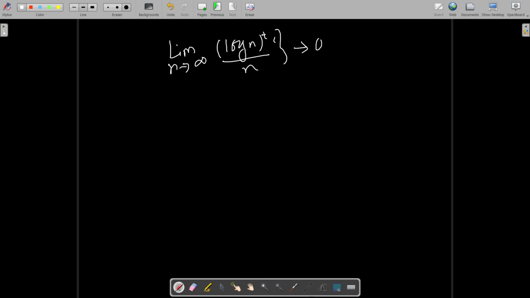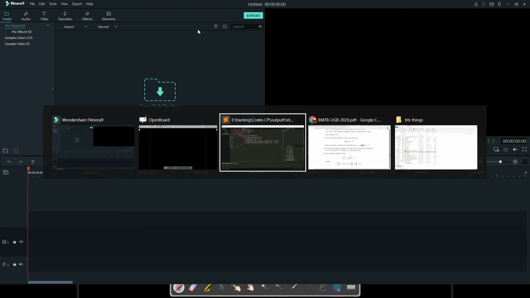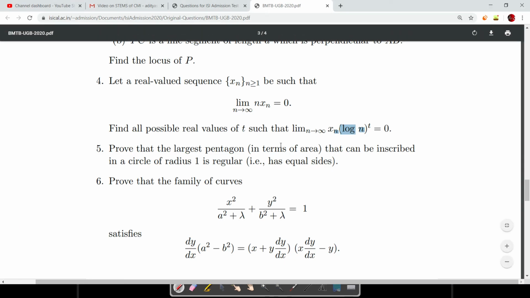So this actually paves the way for the entire problem. So that's the entire thing right there, and there are other ways to solve this, obviously beautiful ways.